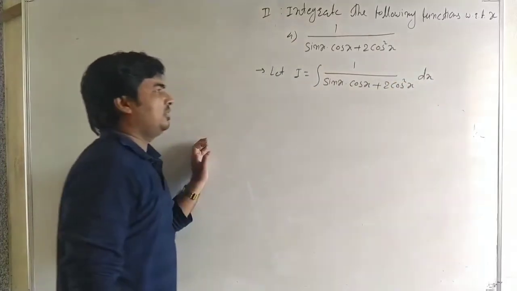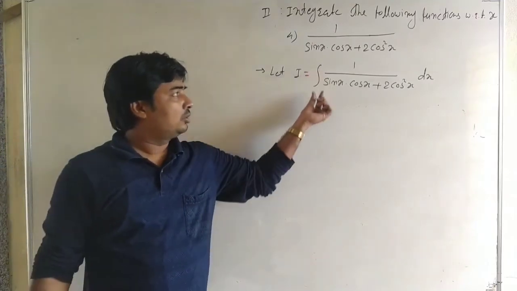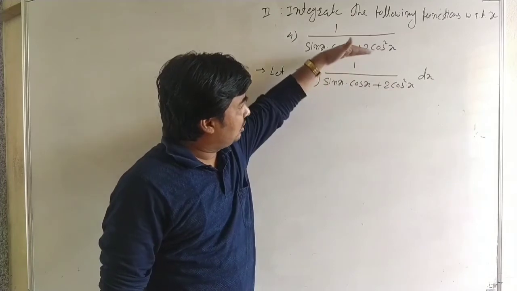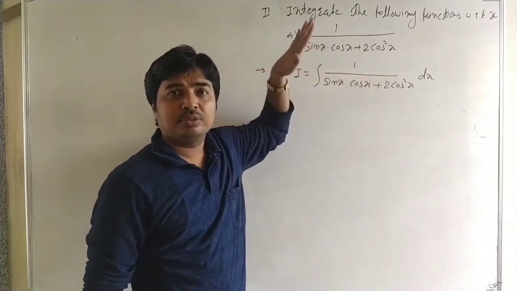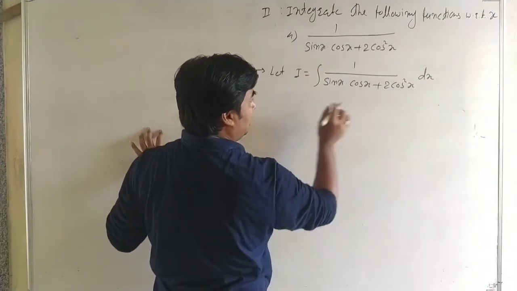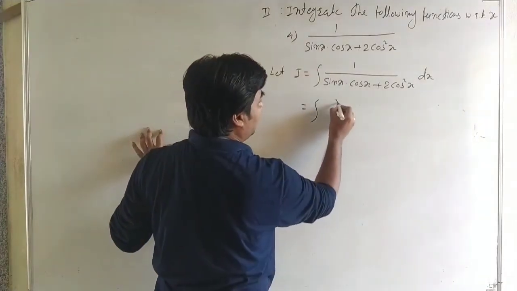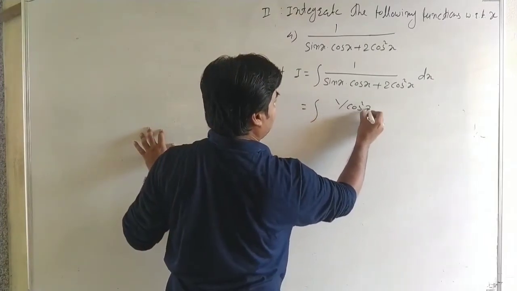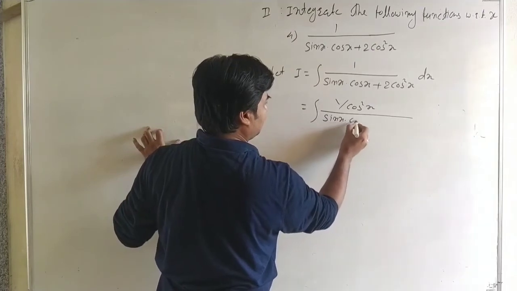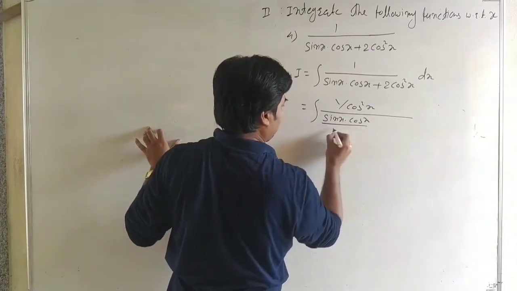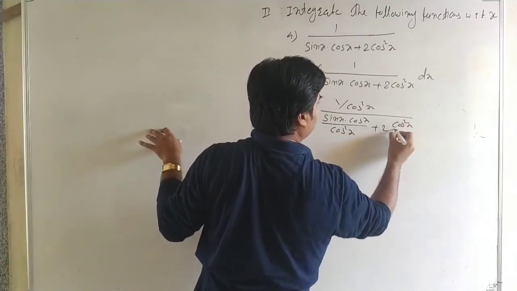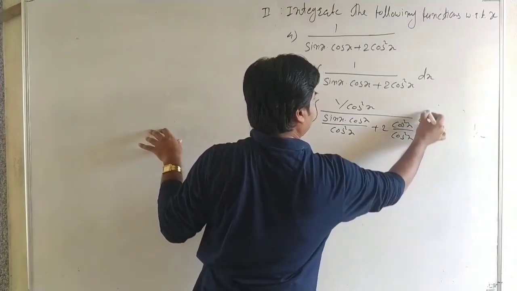Now it is not in the standard form, so we have to substitute. But here there is no derivative in the multiple of dx. Okay, therefore adjust the derivative here.